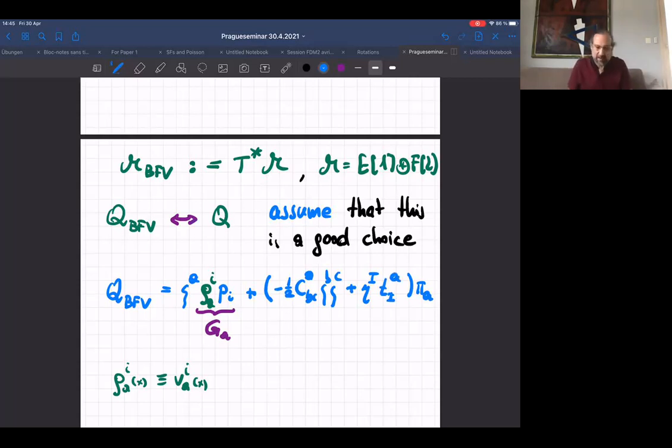So here's the map T we found from before. So this is the map T, which enters here. Here the structure functions of these vector fields or of the constraints.